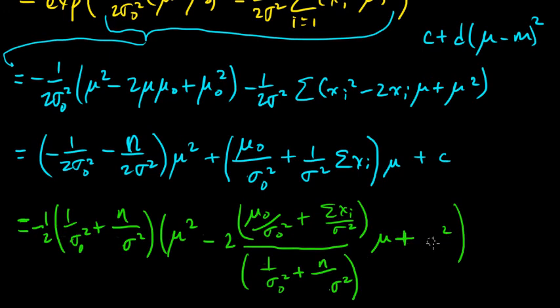I think that's going to be our m. Since we added this thing, we also need to subtract off some stuff. But whatever we subtract off is going to be a constant, so we'll just get some new constant like that.